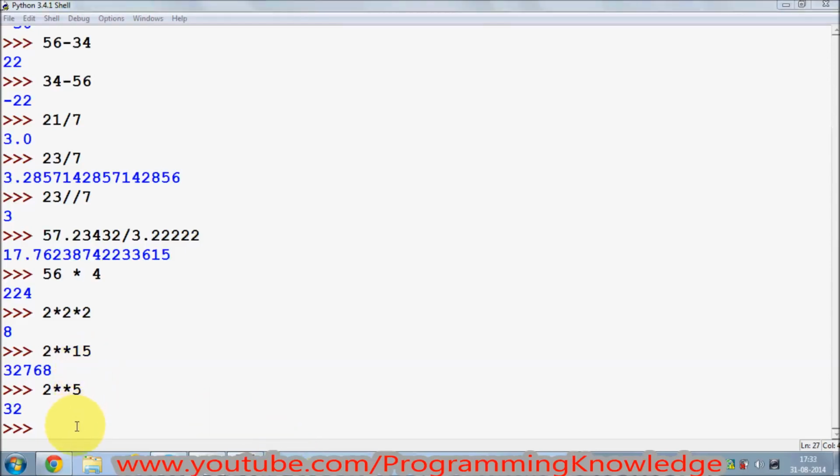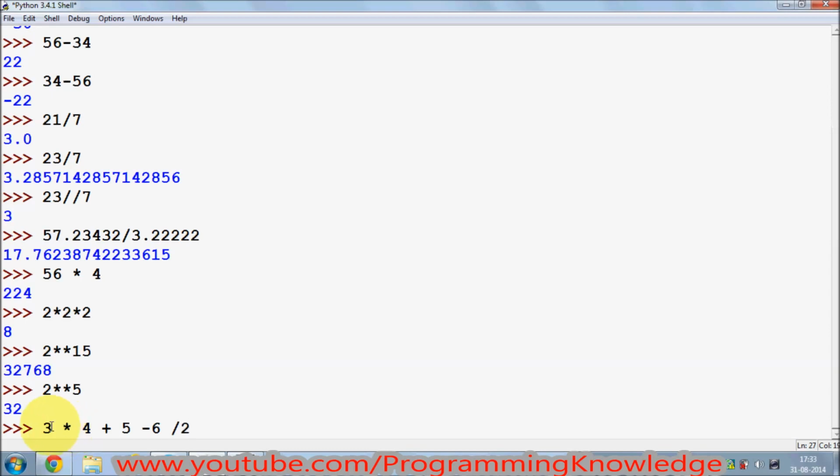Now you may be wondering what the order of your operations is. Which operation will take place when you have multiple operations at the same time? For example, I want to do 3 multiplied by 4 plus 5 minus 6 and then divided by 2.